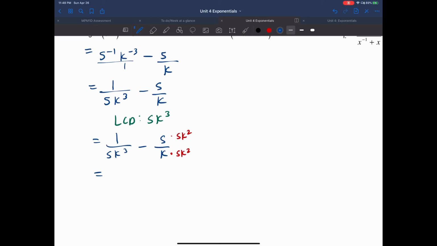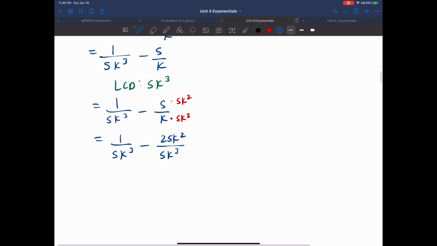When I do that, I will get 1 over 5k cubed minus 25k squared all over 5k cubed. Keep in mind that you can put this together all in the numerator as 1 minus 25k squared divided by 5k cubed.